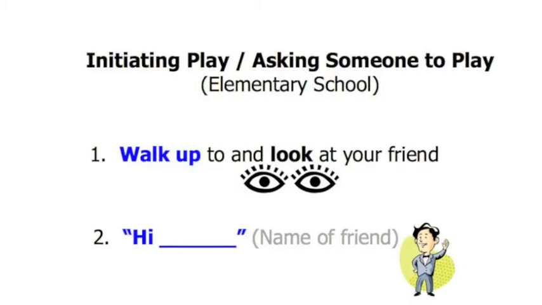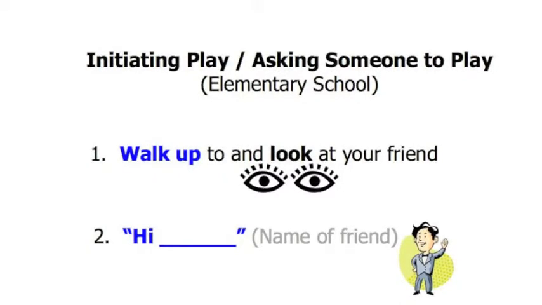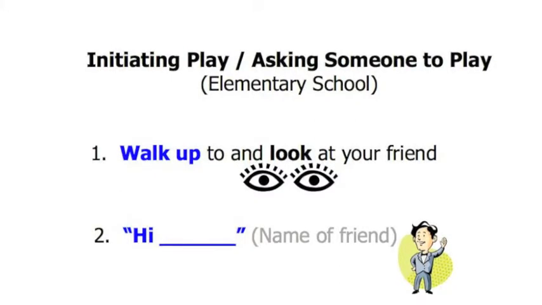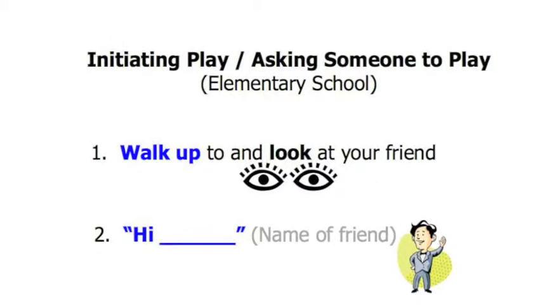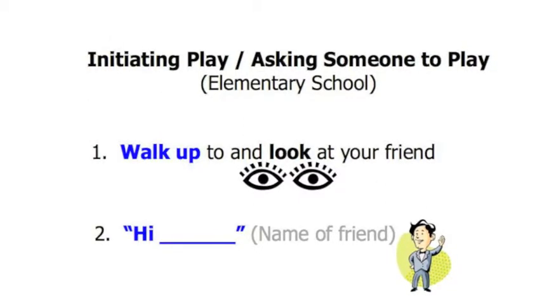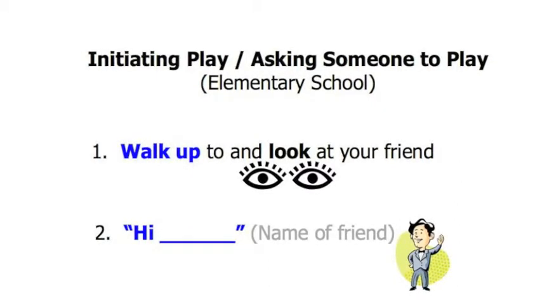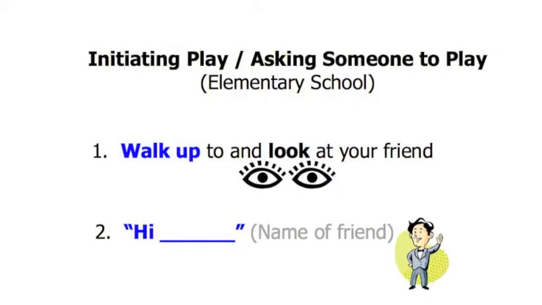Okay, so additional slides to follow. The first 2 steps under initiating play and asking someone to play are aimed at having the child connect with their friend first before they ask to play. A lot of times kids will think they have a good idea, and if they're talking to their friend, then their friend, of course, must understand them and hear them automatically, and that's not the case. That's the whole theory of mind issue, that if I'm thinking something or feeling something, you know what I'm thinking and feeling.